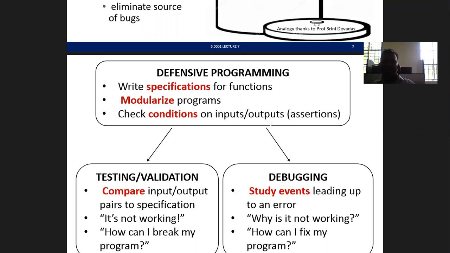So that is a defensive thing. In programming, what does it mean? Defensive means the first point, he is saying: write specifications for functions, meaning whatever type of function you need, you have to write the correct specification, the correct definition.